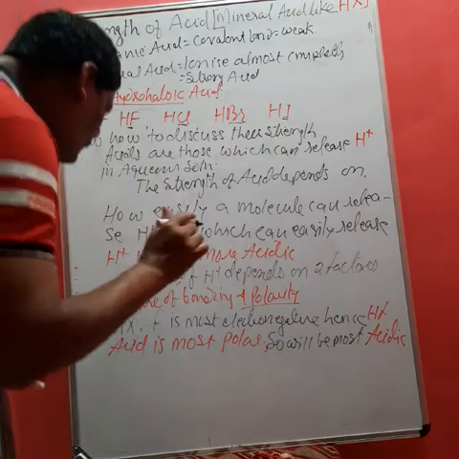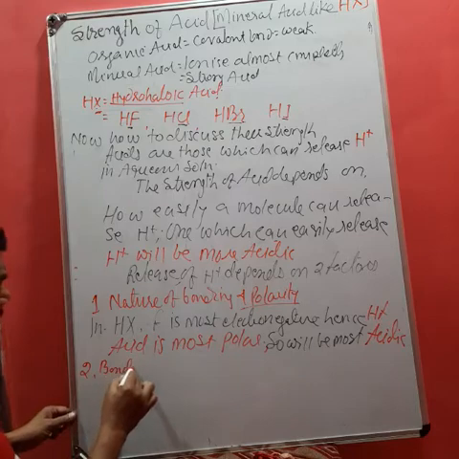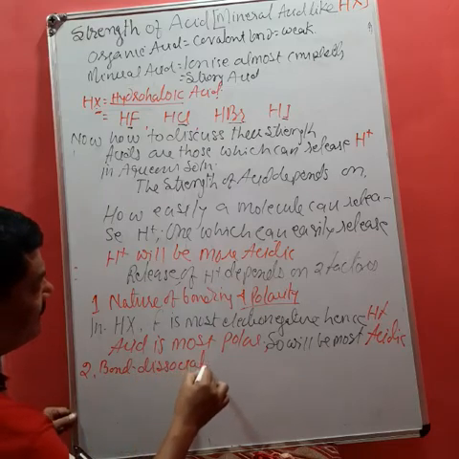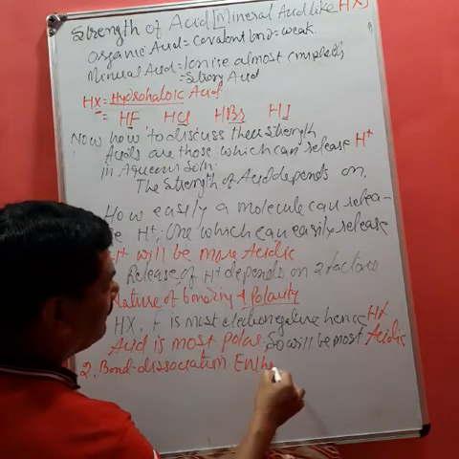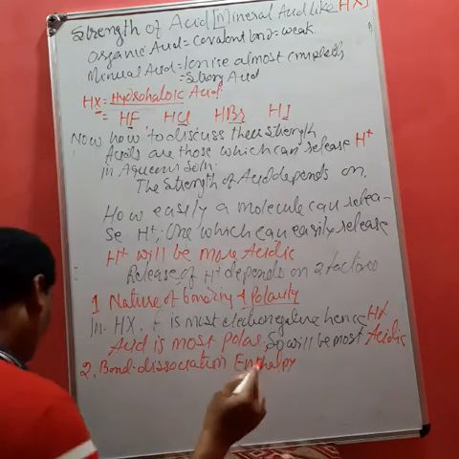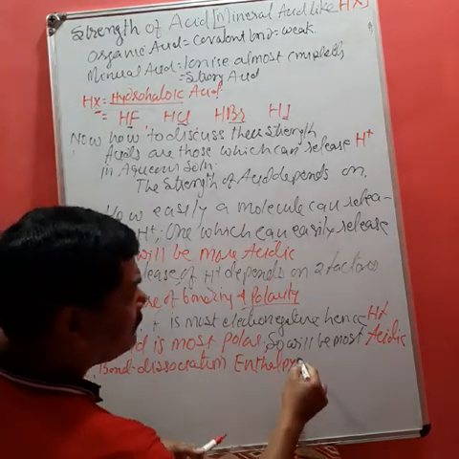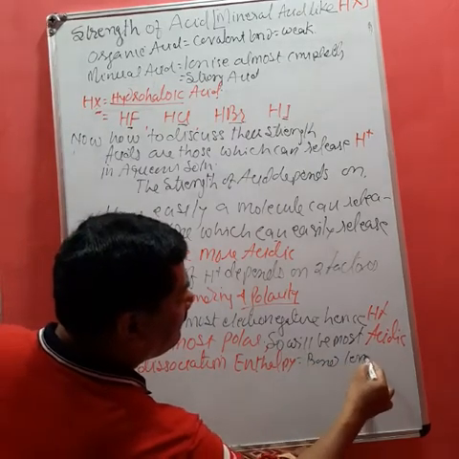But student, one more factor is there. The second factor is what? Bond dissociation enthalpy. Now you know that the bond dissociation enthalpy depends on what? It depends on bond length.